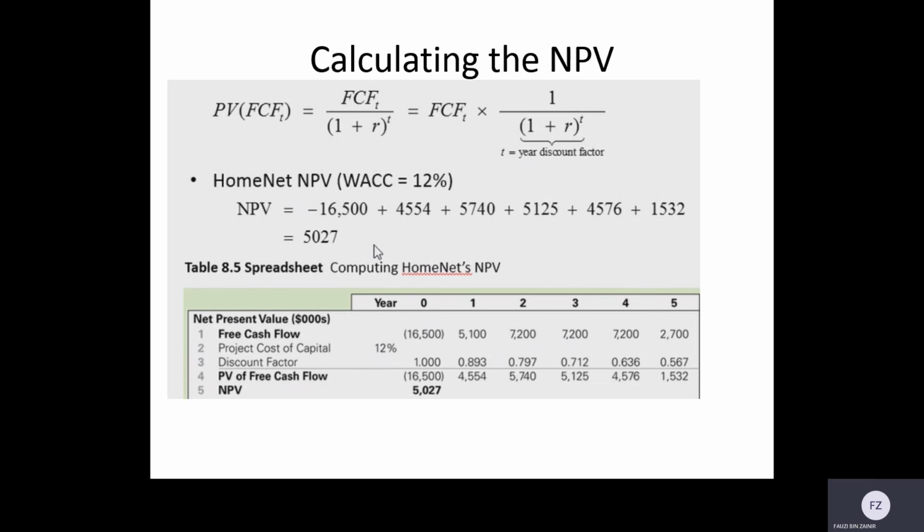Right now we are trying to discount it at 12%, which is the weighted average cost of capital. If you were to NPV it, the result shows the NPV at 5,027, or 5.027 million.